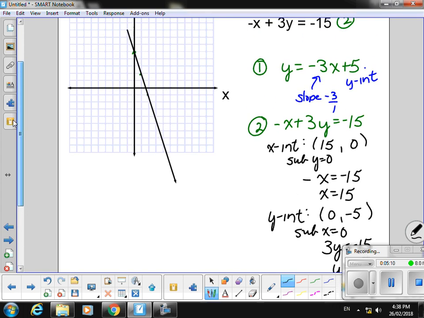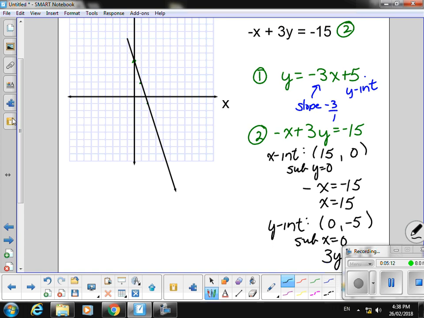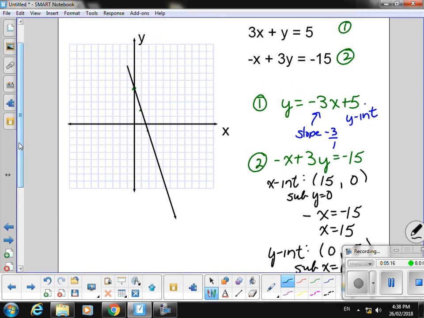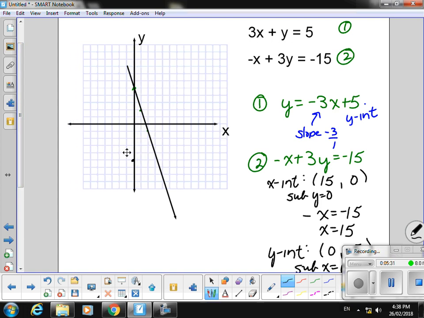Let's see how I can fit this. If I have a y-intercept of negative 5, 1, 2, 3, 4, 5. It's the trick about getting the x-intercept in there. 1, 2, 3, 4, 5, 6, 7, 8, 9, 10, 11, 12, 13, 14, 15. Watch me cheat.